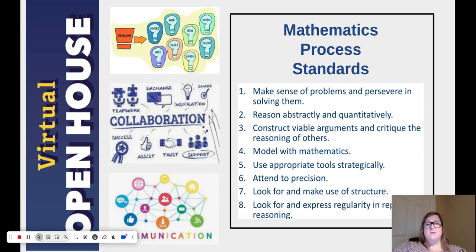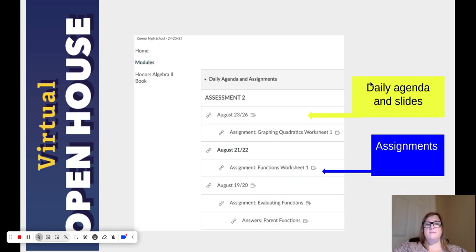But many times throughout the period, the students are asked to engage in many of our math process standards, whether it be constructing an argument and justifying their reasoning or attending to precision, that we view as something that we incorporate with our content standards.